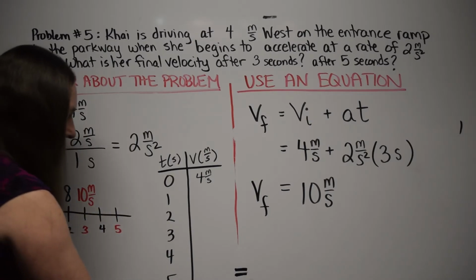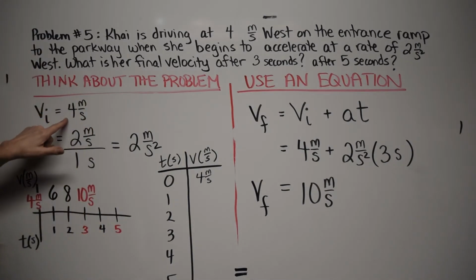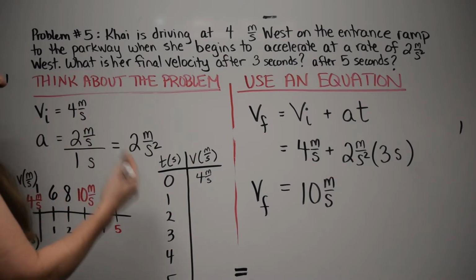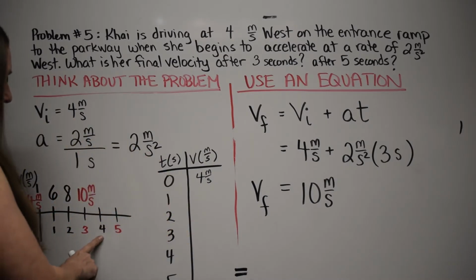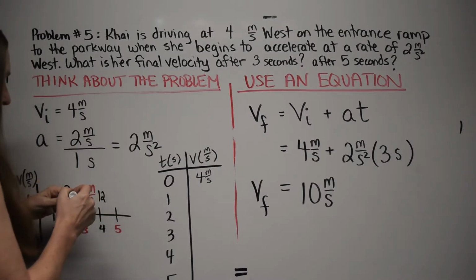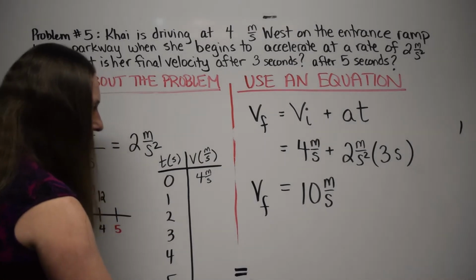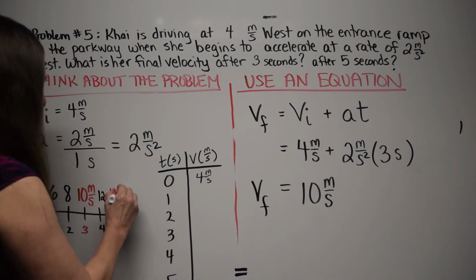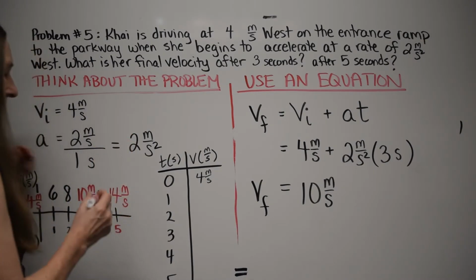All right, starting with a velocity of 4, her velocity is increasing by 2 each second. So after 4 seconds, her velocity would be 12. All right, and after 5 seconds, her velocity would be 14 meters per second.